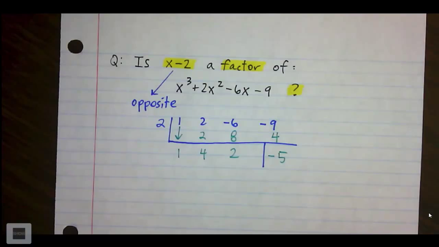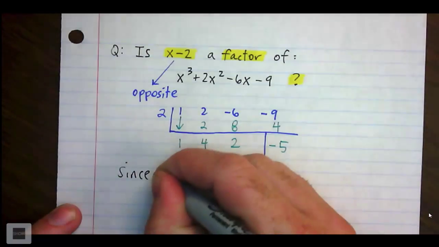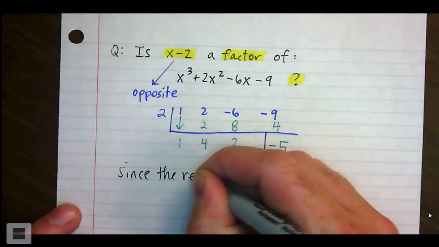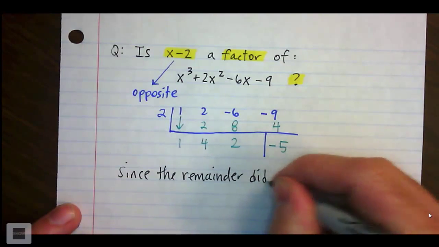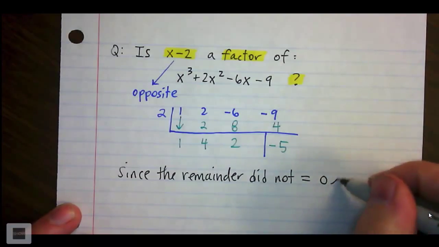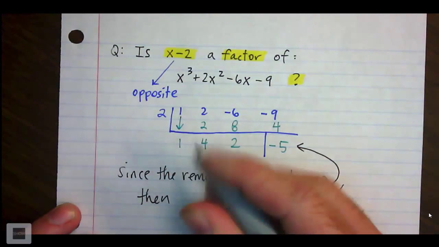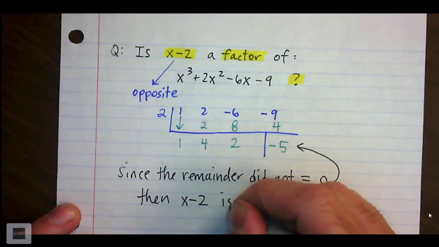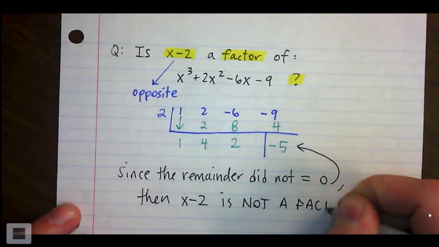So what I want to do is state my answer in this case. Just write this out: since the remainder did not equal 0, right here, see the remainder is not 0, then x minus 2 is not a factor.